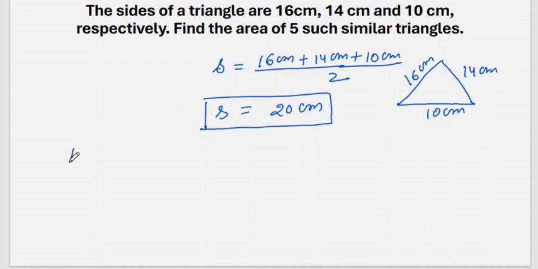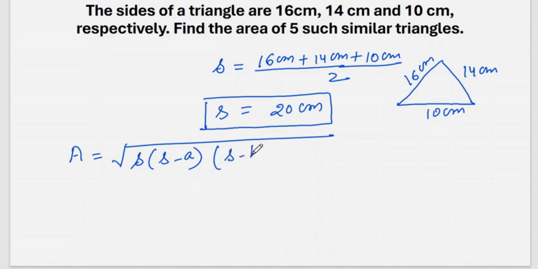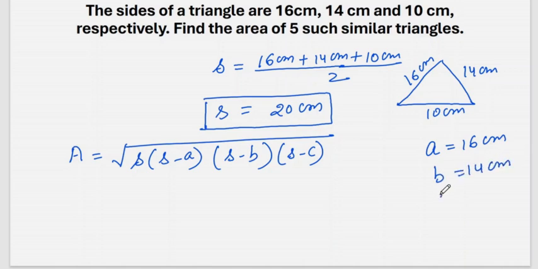Now use the Heron's formula to find the area of the triangle. What is the Heron's formula here? S under root S minus A, S minus B and S minus C. Now what is A, B and C? A, B and C are the length of the sides of the triangle. So A we can take it as 16 centimeter, B can be taken as 14 centimeter and C we can take it as 10 centimeter. Okay. So now let us put the value.